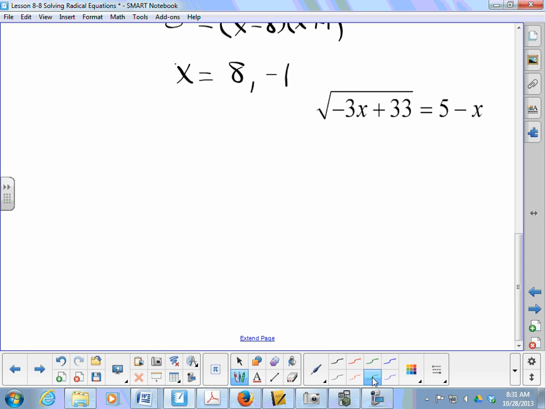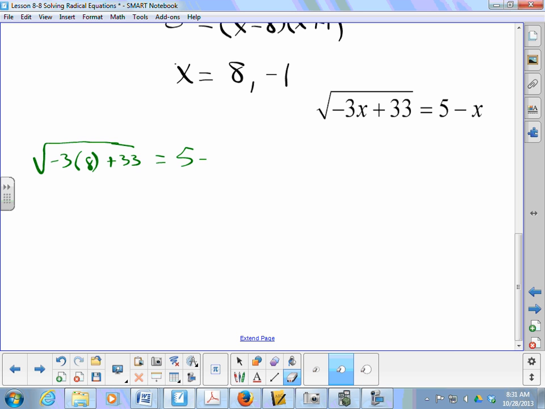All right, so the square root of negative 3 times 8 plus 33 equals 5 minus x. Oops, 5 minus 8. I have a problem, don't I? I can't take the square root and get a negative number.